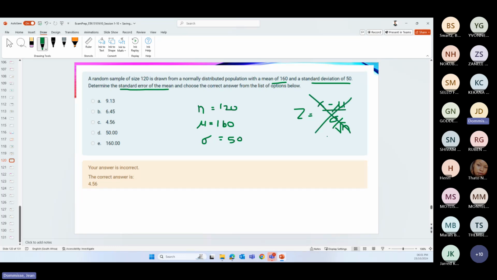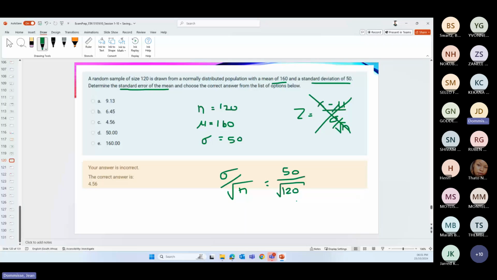We just want to work out the standard error. So that is 50 divided by the square root of 120.